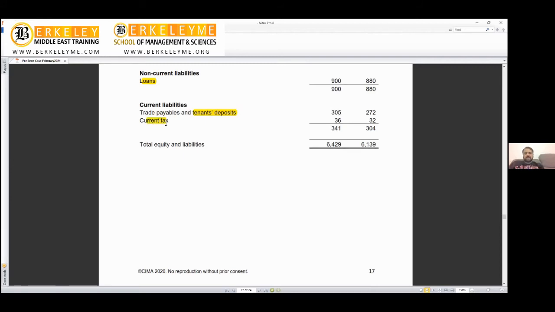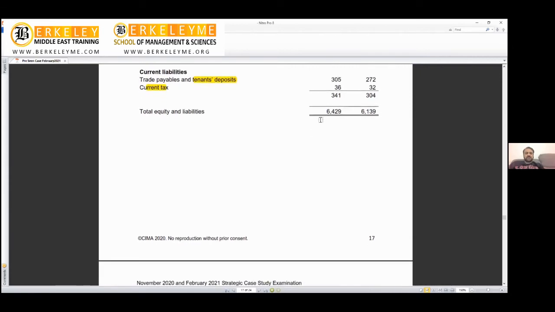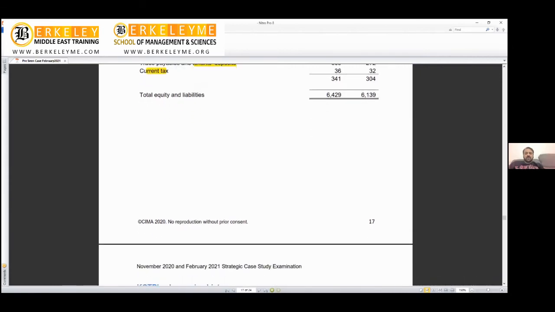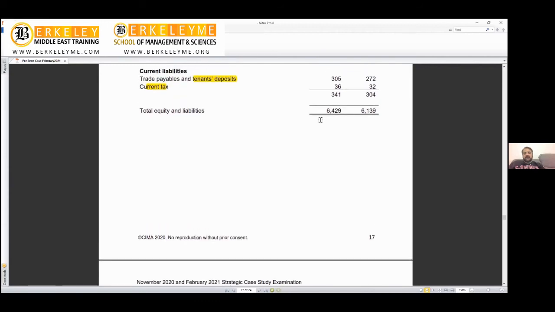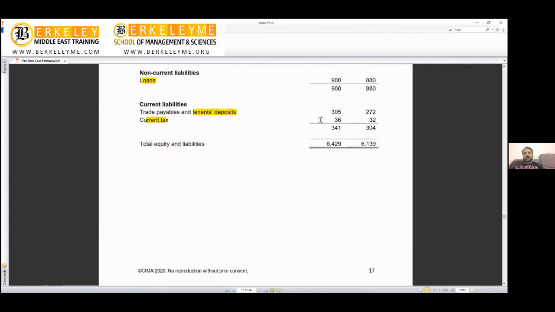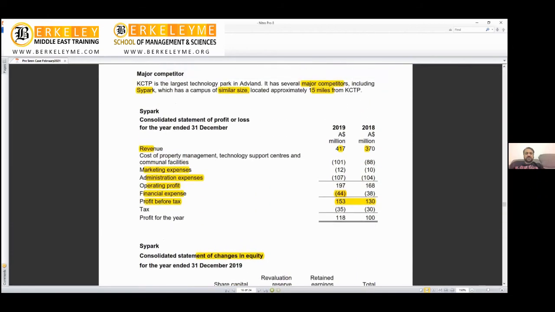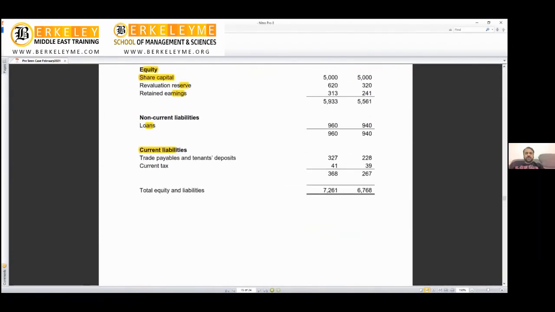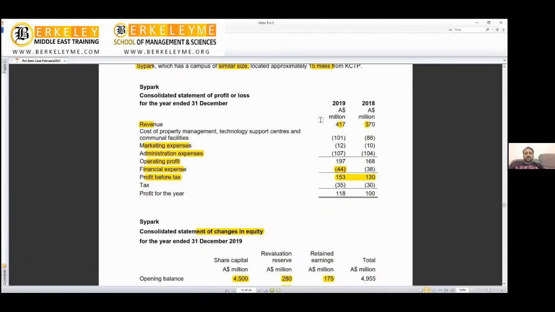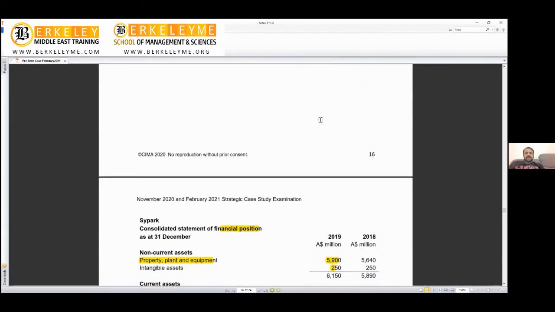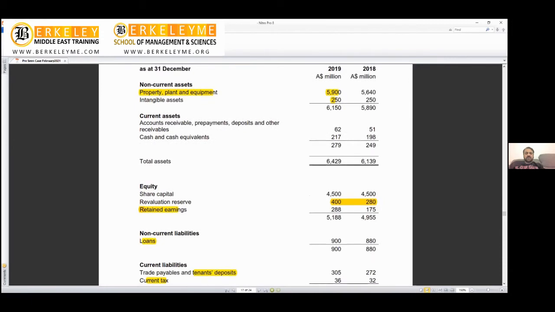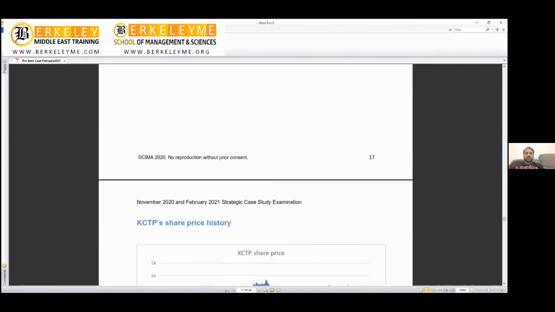Current tax is here: more income, more tax, that's how it works. Total equity: your competitor is worth 6,429, and if I see yours, it is worth 7,267, so you are slightly better than your competitor.